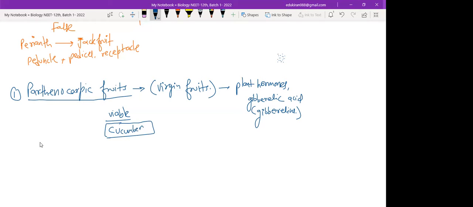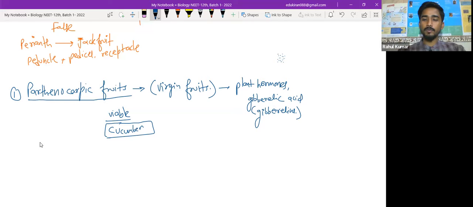Say yes or no? Yes. So when you're doing grafting, you just need to graft multiple branches on the stem from different varieties, and all those grafts will be accepted by the plant. The plant will develop into a hybrid plant containing 3 4 5 different varieties. So one branch will have one variety of mangoes, the other branch will have another variety of mangoes, the third branch will have another variety of mangoes on the same plant.